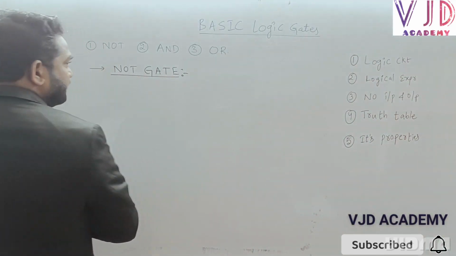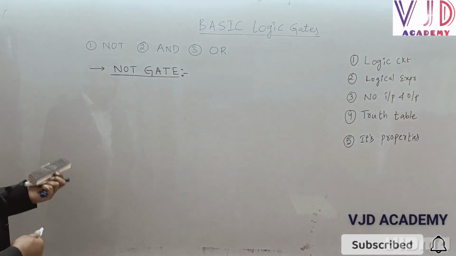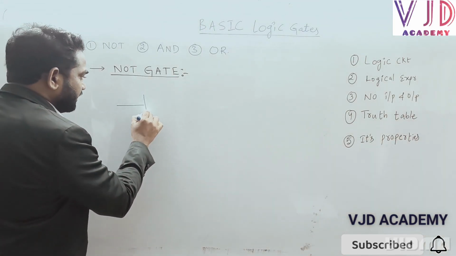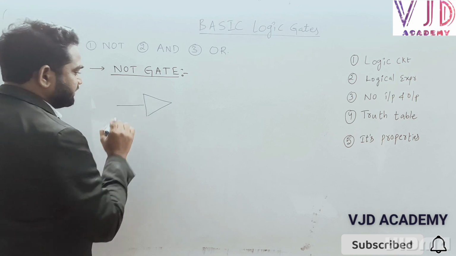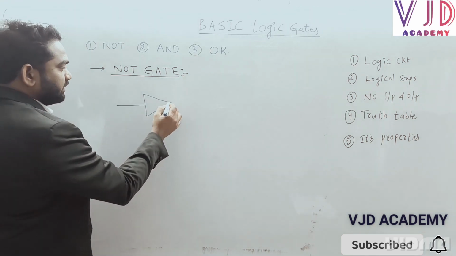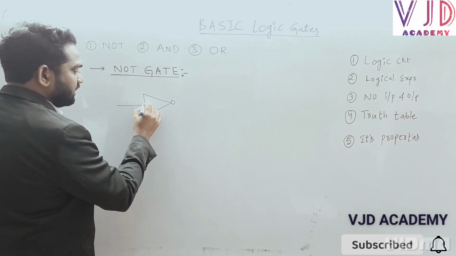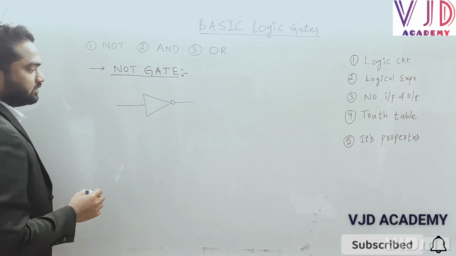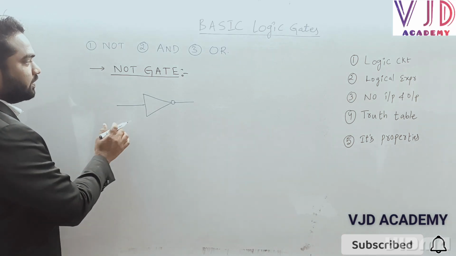NOT gate is a basic gate. The logical circuit of NOT gate we have already seen in the previous lecture. This is a buffer symbol. Basically when we connect a bubble here, automatically it will act as a NOT gate. This is called the logical circuit symbol of NOT gate.